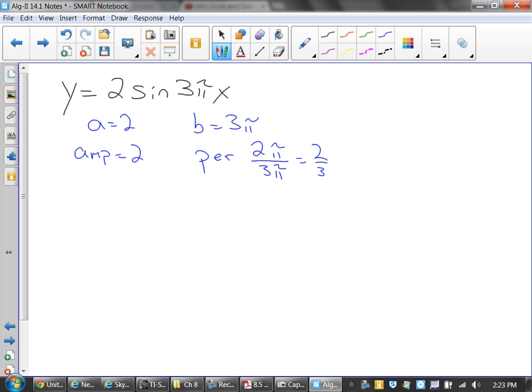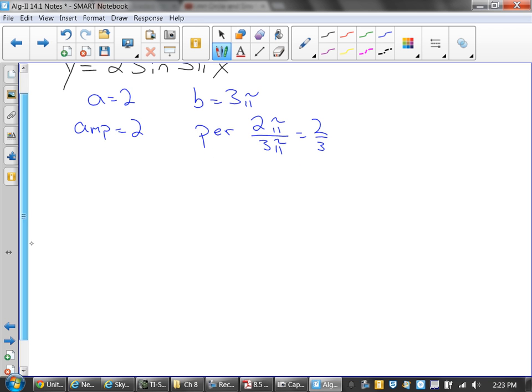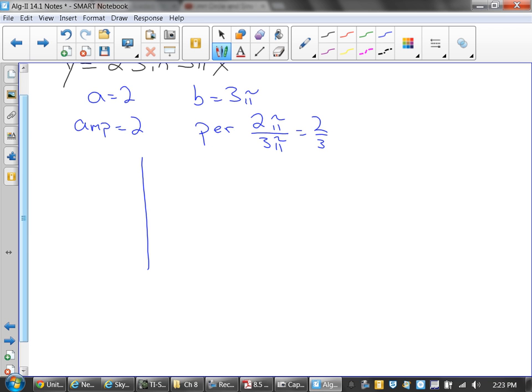So now again, the trickiest part with these types of problems is going to be how you get your breakpoints when your period is 2/3. Well, what's half of 2/3? 1/3. What's half of a third? Good. What's between 1/3 and 2/3? Good.